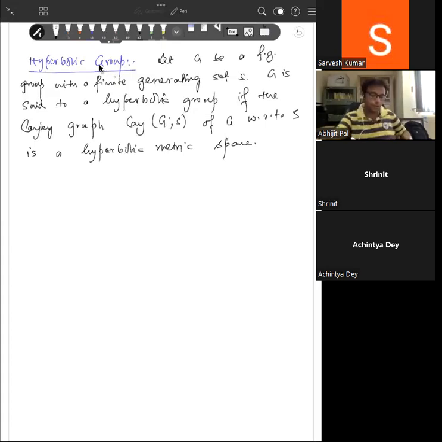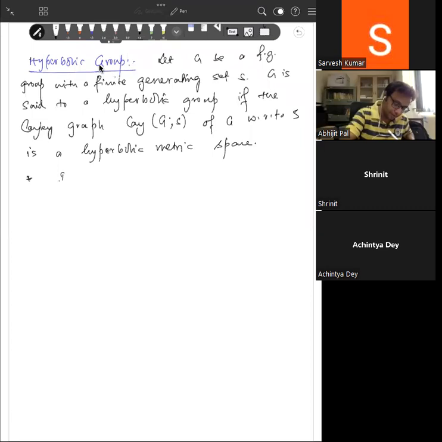Okay, so now the question is why this definition is well defined, in the sense that if you change the generating set, will that space still be a hyperbolic metric space? This fact you have also seen.